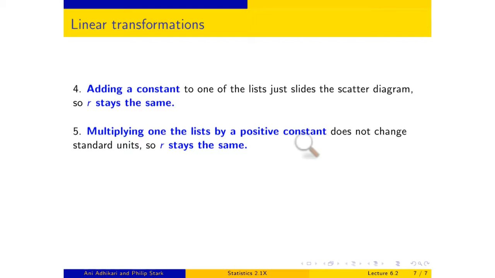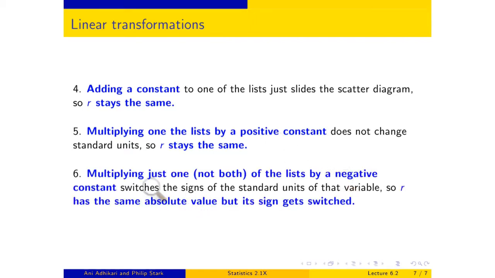Now I'll end this discussion with something that's a little bit technical, and that is what happens when you multiply by a negative number. What happens when you multiply a list by a negative number is that entries that were big before have now become correspondingly small. And so the standard units don't change in their value, but they change in sign.